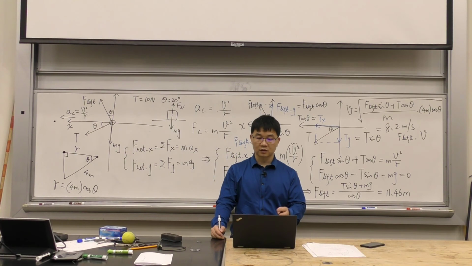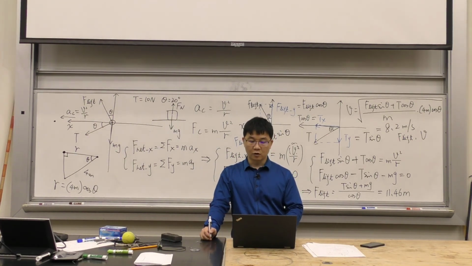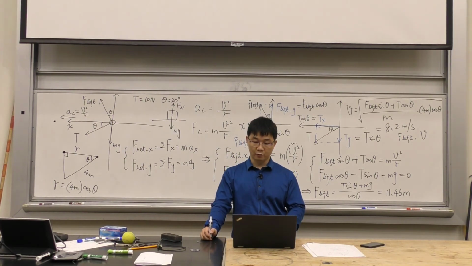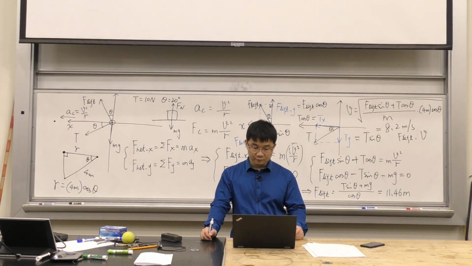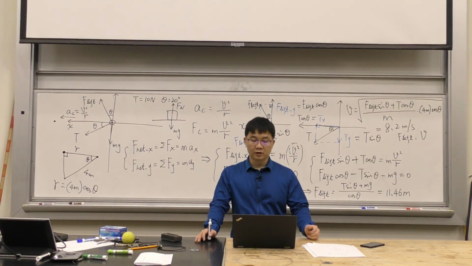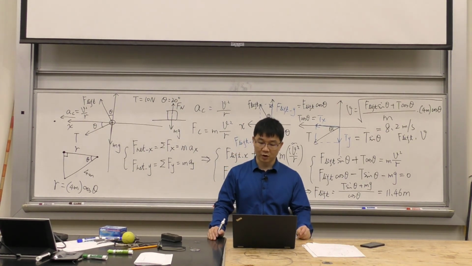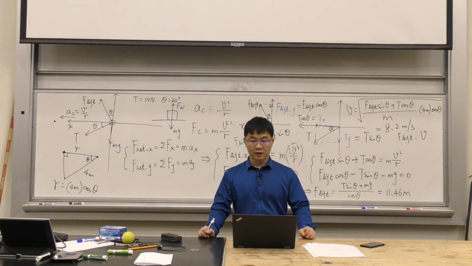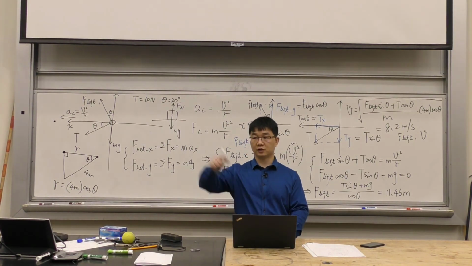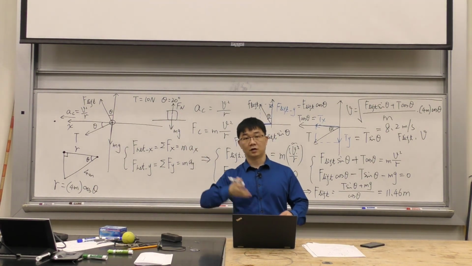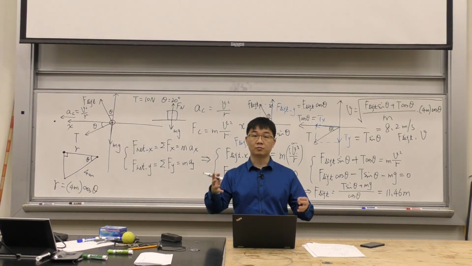So normal force and friction force are always from a surface. Another force we usually see in this part is tension. Tension is always from a string or rope or cable. If you see these things in the problem, you should draw tension. And the tension is always parallel to the string. If you have a string this way, the tension is going to be parallel to the string, because it comes from the string.